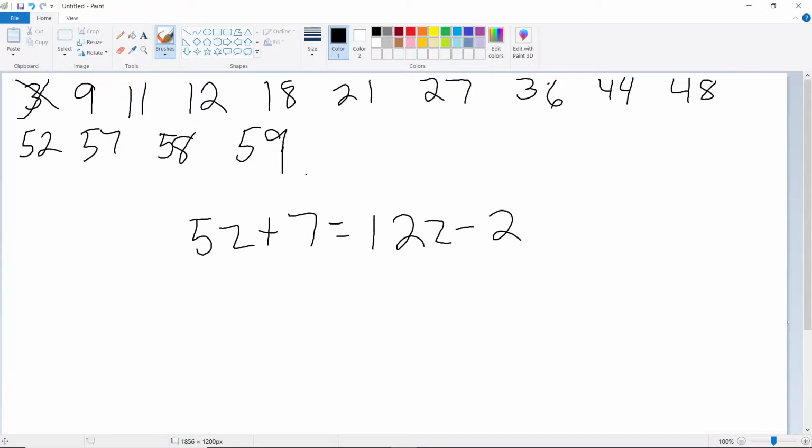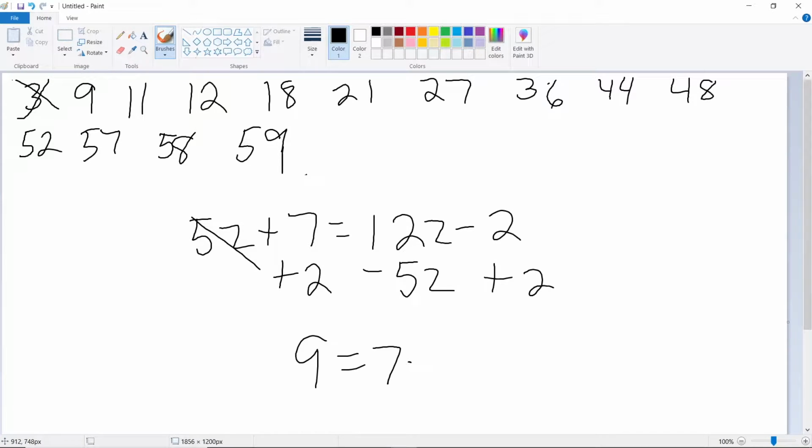Again, this is a matter of algebra, getting all the z's to one side and all the numbers to the other side. We will subtract 5z from both sides. So that's gone. And we will add 2 to both sides. So now we get 9 equals 7z.